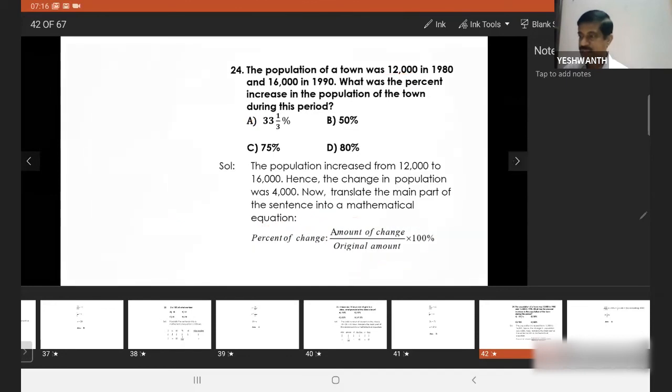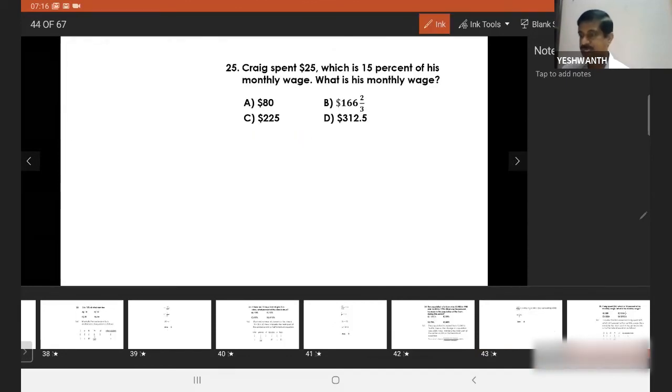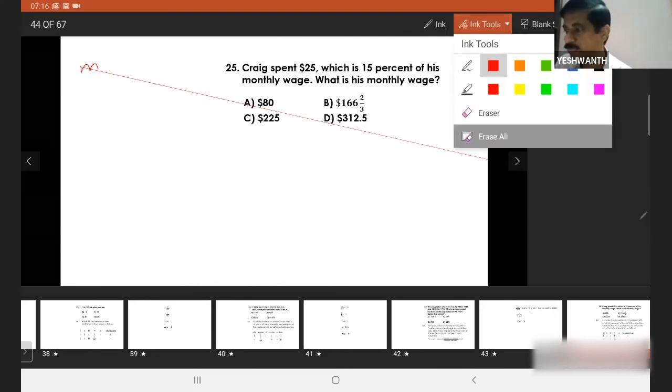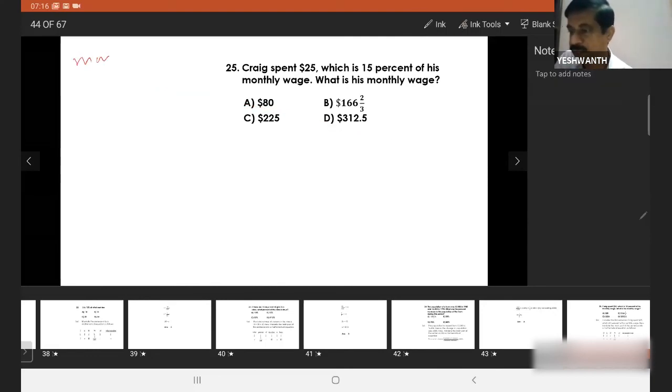So let us go to the next question. Craig spent $25, which is 15% of his monthly wage. What is his monthly wage? Let monthly wage be X. Okay. So Craig spent $25, which is 15% of his monthly wage. 15% means by 100, of means multiplication.